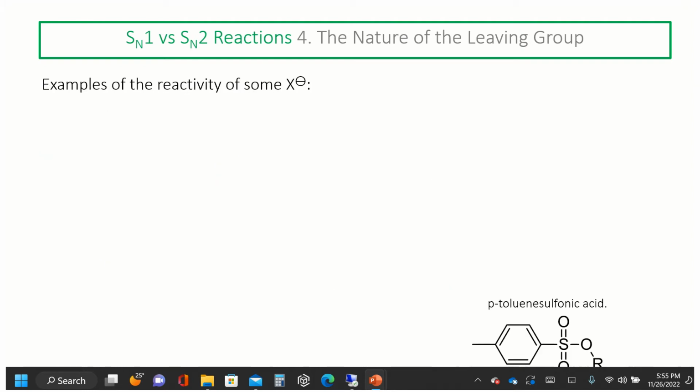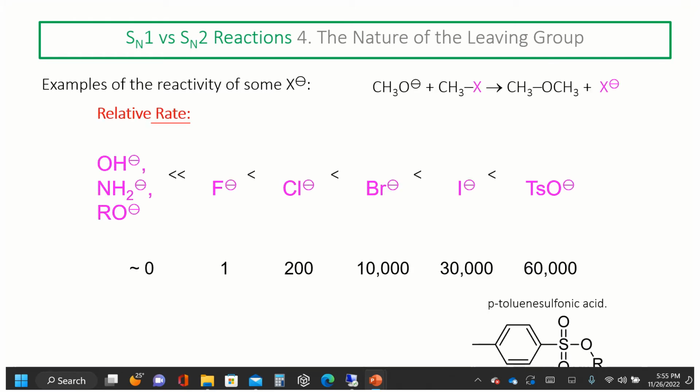Rather good leaving groups are like toluene sulfonic acids, for example. And of course, you can see that fluorine, and these hydroxide and alkoxide.